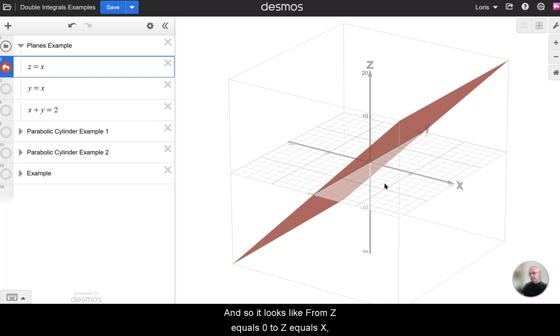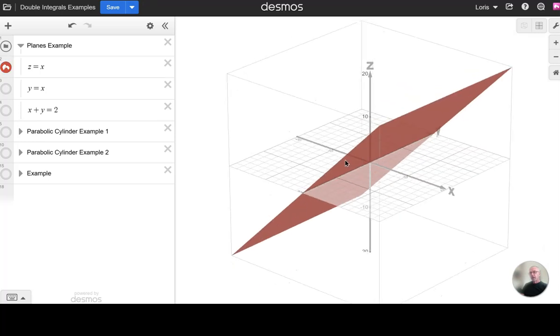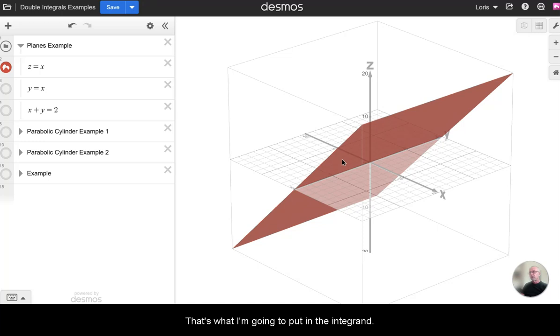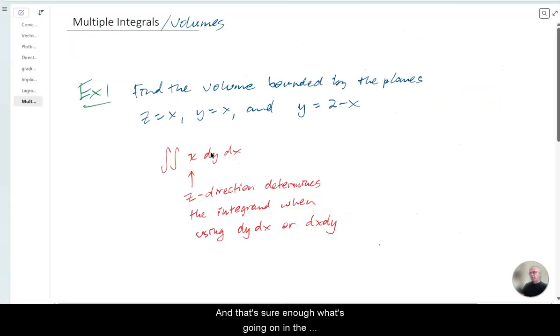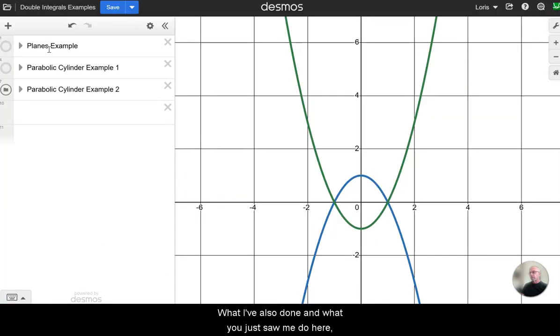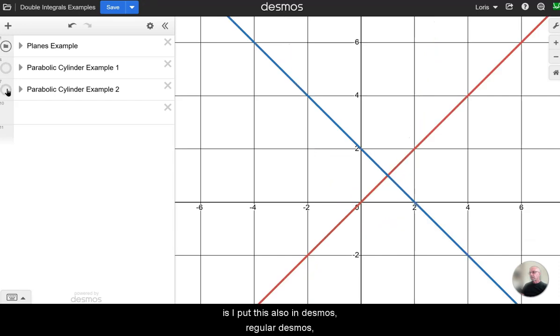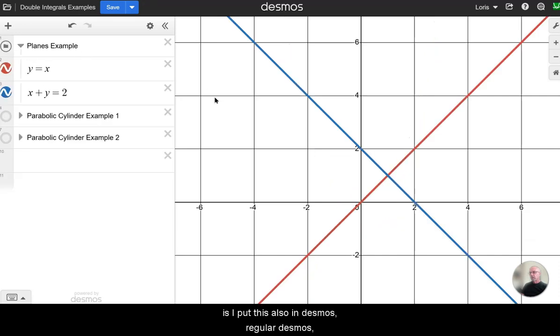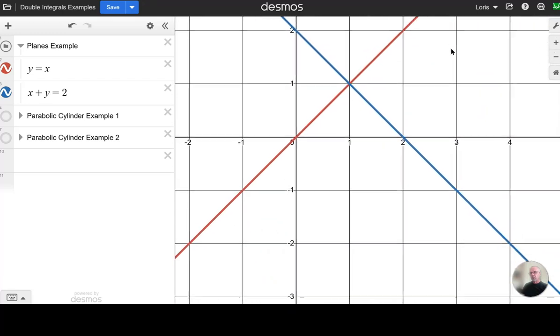And so it looks like from z equals 0 to z equals x, that's what I'm going to put in the integrand right here, x minus 0, if you will. What I've also done, and what you just saw me do here, is I put this also in regular Desmos, to see what the limits of integration should be.